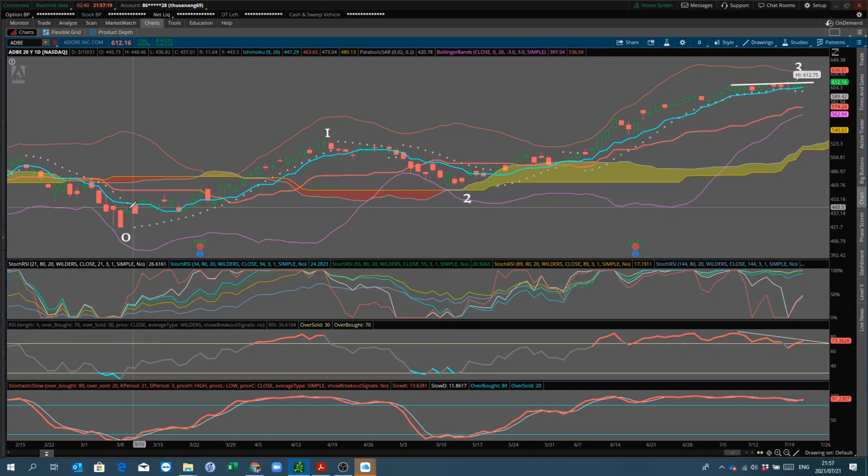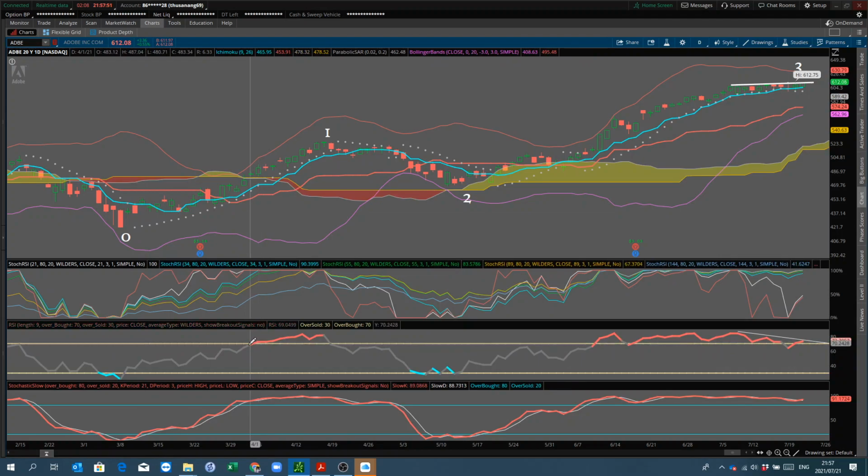Price has to be above the blue line, the Kijun, and parabolic SAR has to flip down, and the stochastic should be pointing upwards, all of them. The RSI should be pointing upwards too, the same condition as the stochastic, all of them in one direction. Then I know we're going up, so I can tell the trend is going higher.